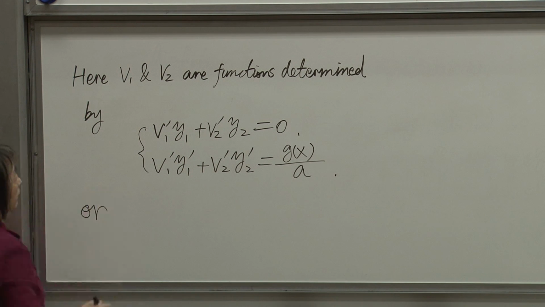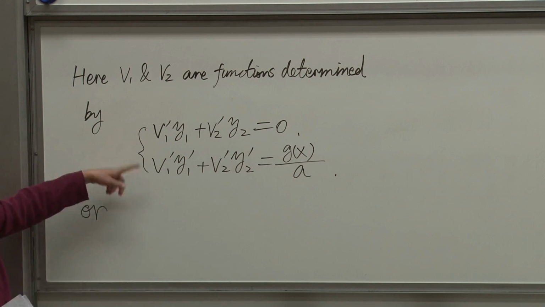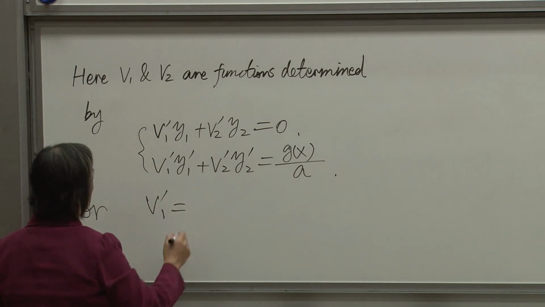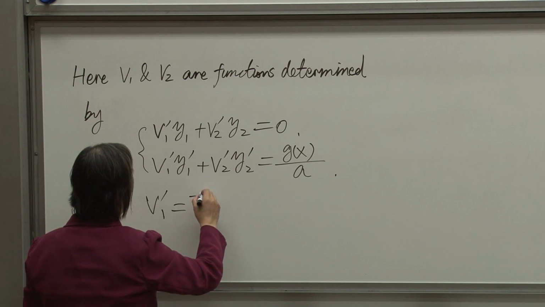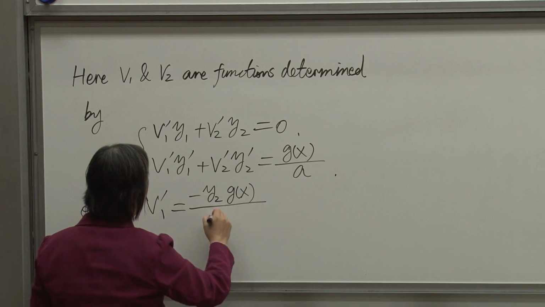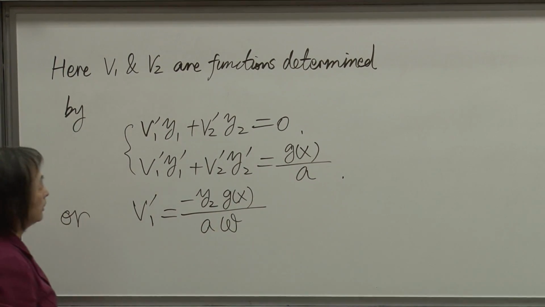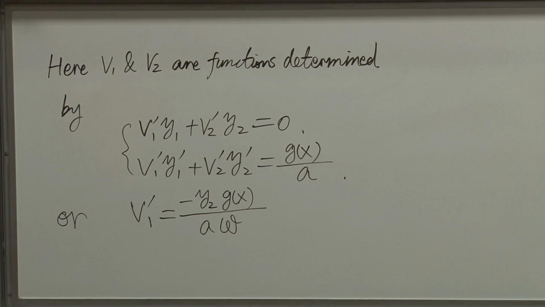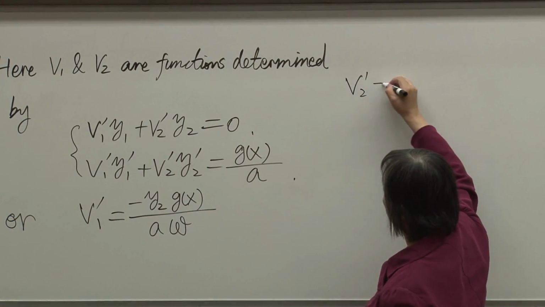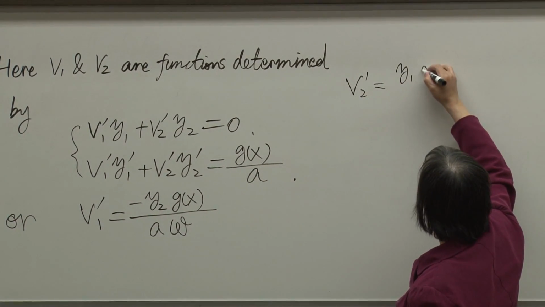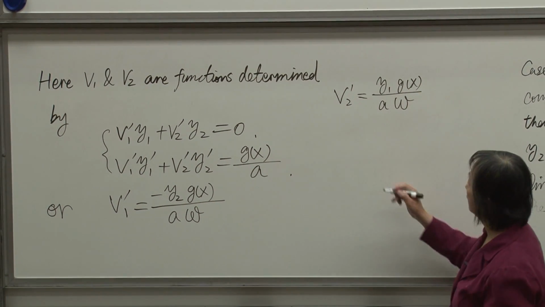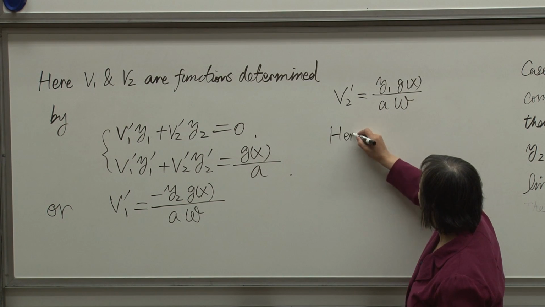Or equivalently, when we solve for v1 prime and v2 prime, we get v1 prime is negative y2 times g of x over a times W, which is the Wronskian of y1 and y2, whereas v2 prime is y1 g of x over a times the Wronskian of y1 and y2.